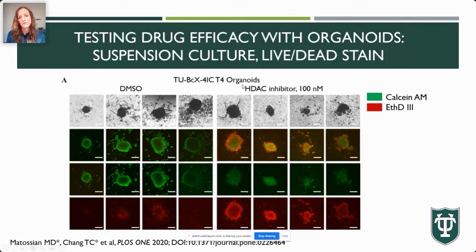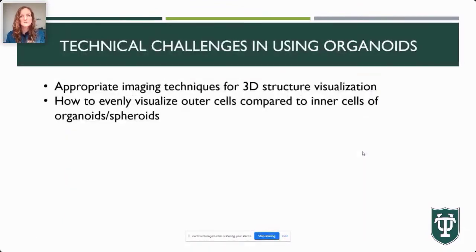These are passage 4 organoids, and we used a live/dead stain, calcein AM and ethidium homodimer-3, and treated the organoids at a dose that we had found to be relevant in our 2D studies. We were able to observe cytotoxicity in our organoid studies. So some of our earliest studies with these organoids were a proof of concept that we could perform these experiments.